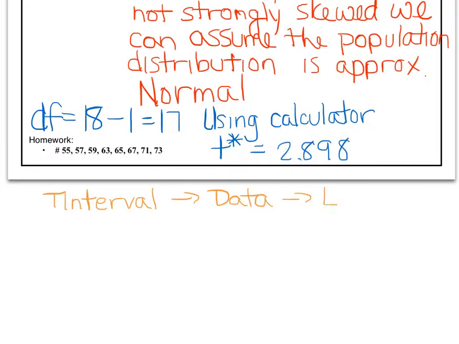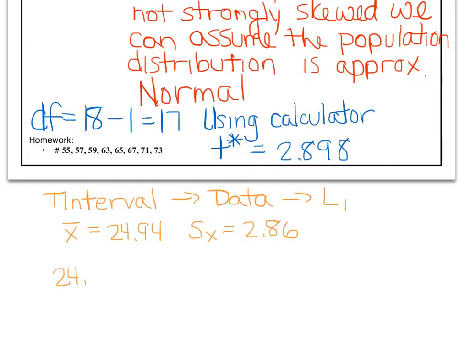And I'm going to tell it to look in list 1. I'm going to make sure the frequency stays 1. I'm going to choose my confidence level of 0.99. And it's actually going to give me my X bar of 24.94, my standard deviation of 2.86.